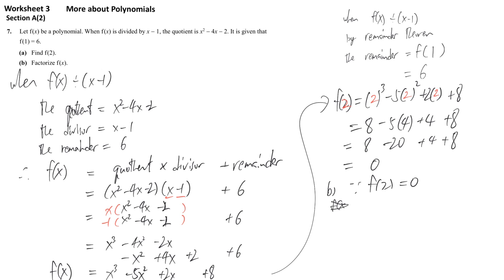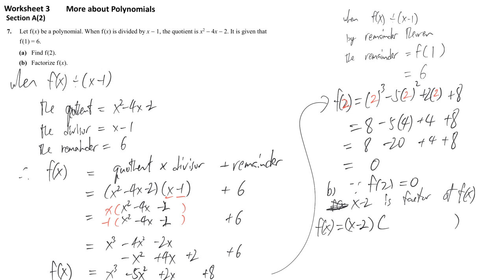Then that means f(x), we can factorize it, is equal to the factor x minus 2, and then we need to find out what is the rest.